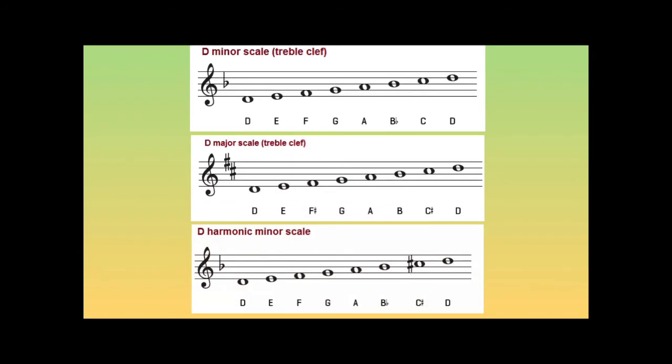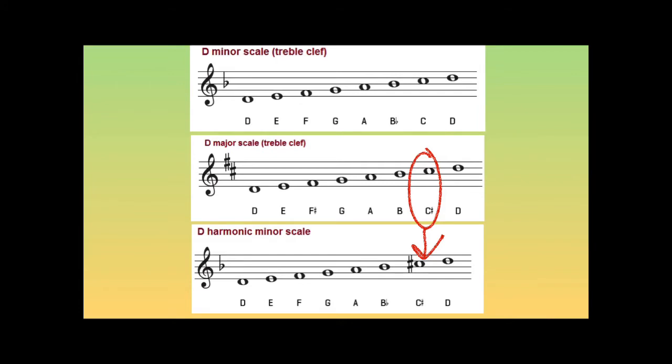And then D harmonic minor, same key signature as our first D minor scale, one flat, B flat, but we've borrowed our seventh scale degree from the parallel major. So that C sharp gets moved down to our D minor scale to make it D harmonic minor scale.